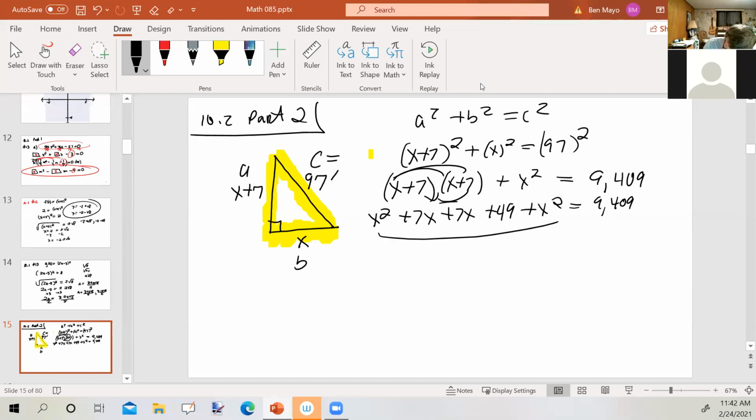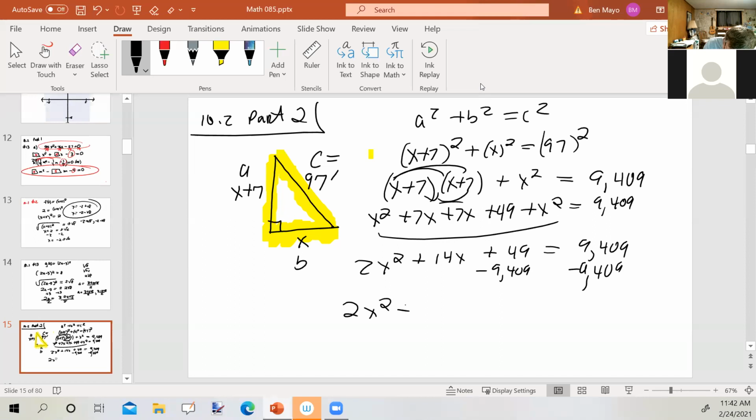Combining like terms on the left, I get 2x squared plus 14x plus 49 equals 9,409. Subtracting 9,409 from both sides of the equation, I get 2x squared plus 14x, 49 minus 9,409 gives minus 9,360, equals 0.